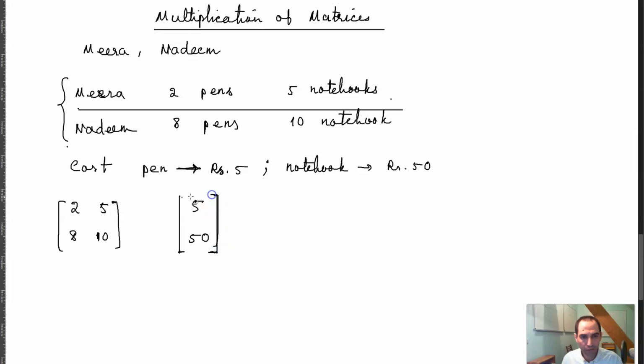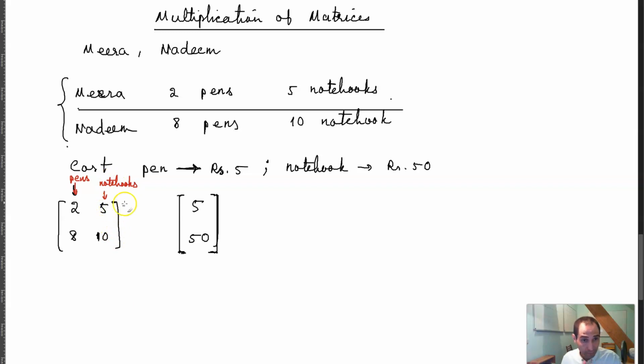What do I need to do in order to calculate the cost? Basically 2 over here represents 2 pens, 5 represents 5 notebooks, 8 represents 8 pens, and 10 represents notebooks. So this column over here represents pens, and this column represents notebooks, right?